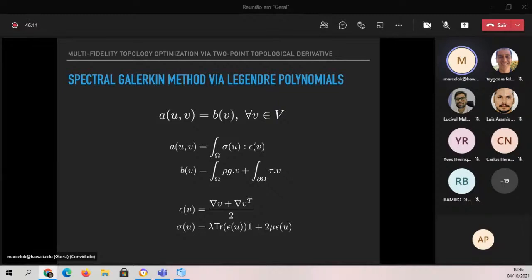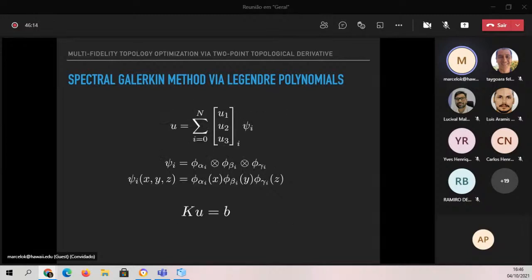But now I replace my approximate function with a finite expansion with respect to the tensor products of those Legendre polynomials. I put that in the weak formulation, and I obtain the usual stiffness equation KU equal B.